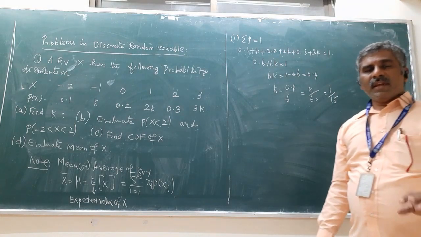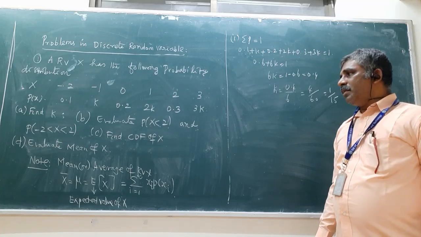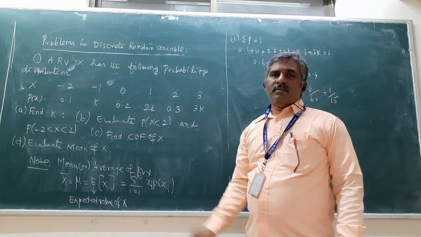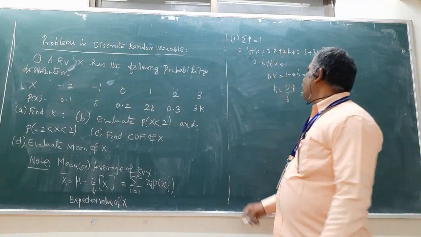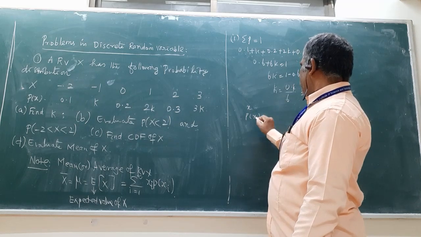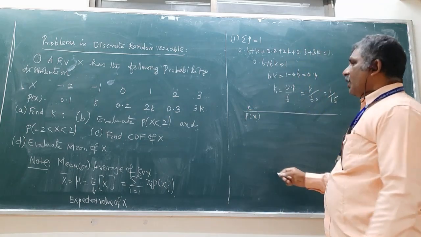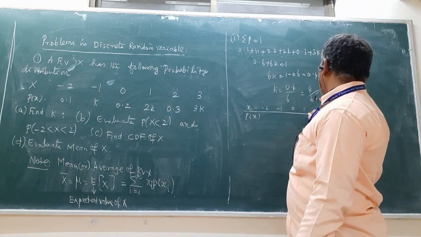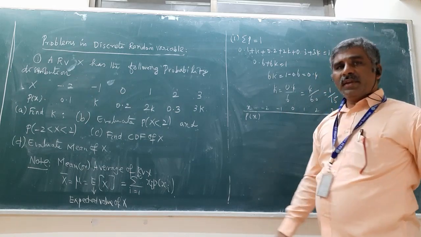Once we get k equal to 1 by 15, we can update the probability distribution. How to write that? X values are -2, -1, 0, 1, 2, 3.